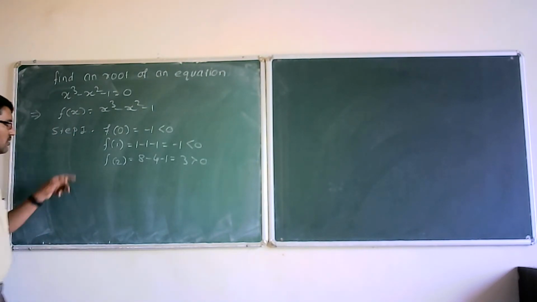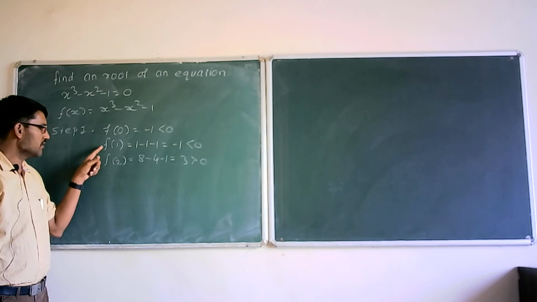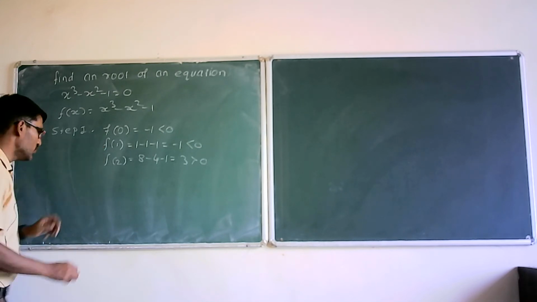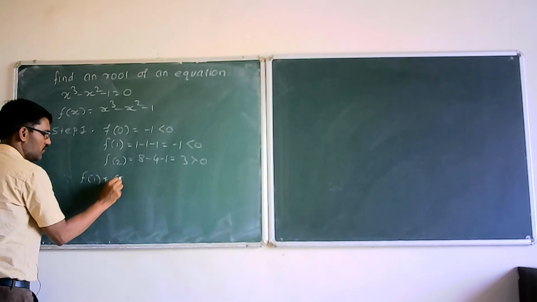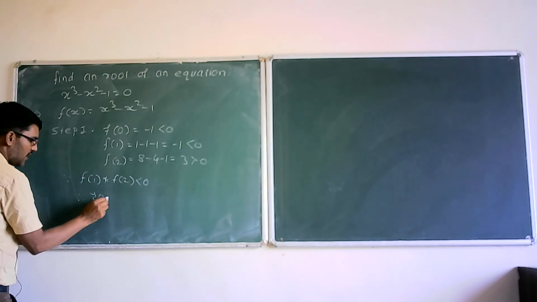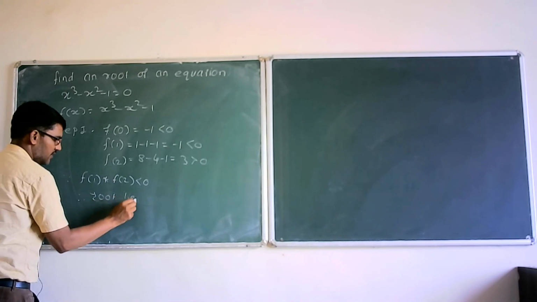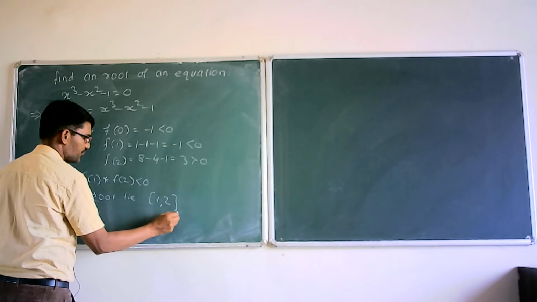So f(1) is less than 0 and f(2) is greater than 0. Since f(1) × f(2) < 0, the root lies in the interval (1, 2).